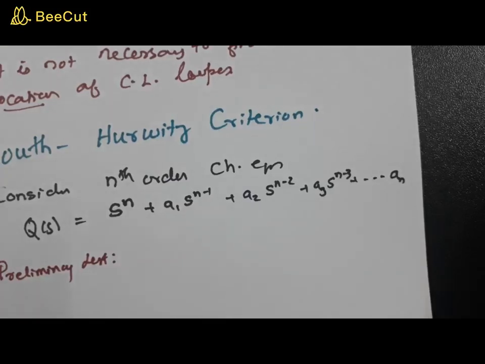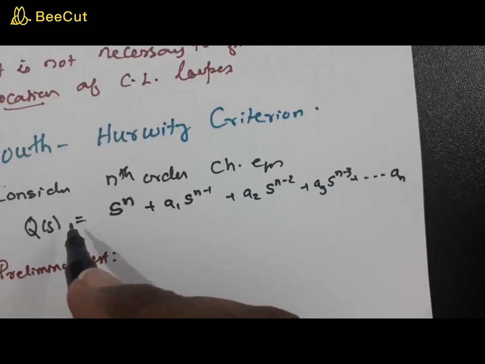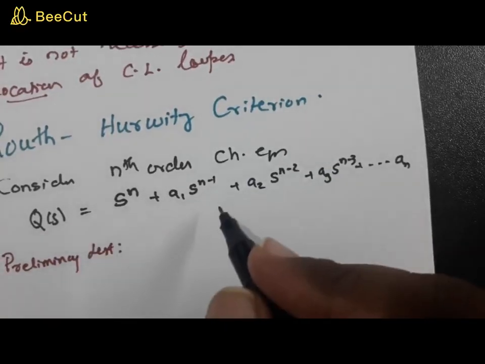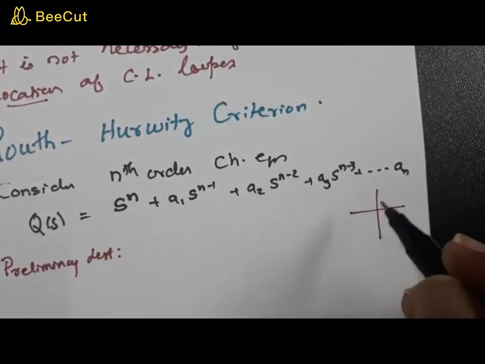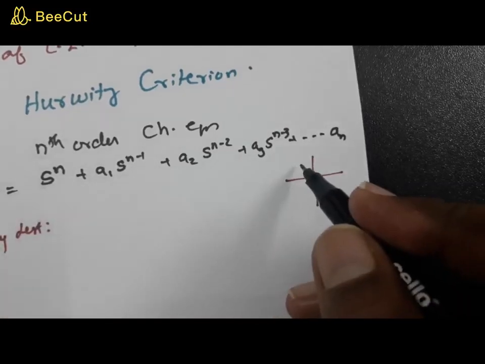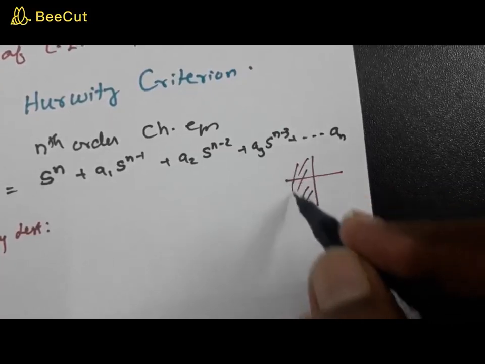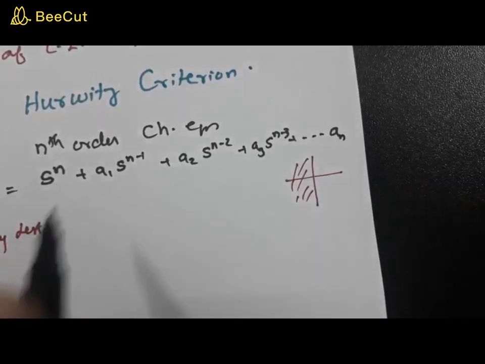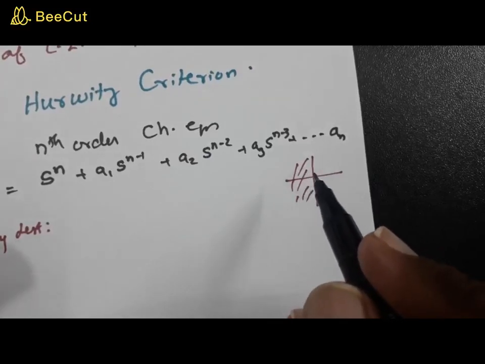You need to do it, but before that, you need to do a preliminary test on this q of s, that is, for the roots to lie on the left half. This is our main objective: we want to find out whether all the roots are on the left half of the s-plane. Now, there is a condition for the roots to lie on the left half.